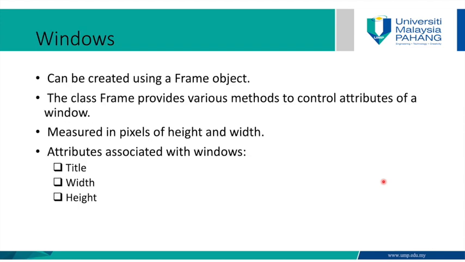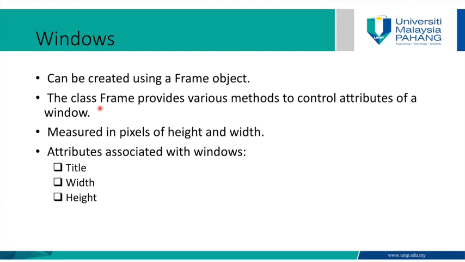Now the windows. How can we create the windows? We can create the windows using the frame object. The class frame provides various methods to control the attributes of the windows. It's up to you when you are designing your GUI, how you want your user to communicate.